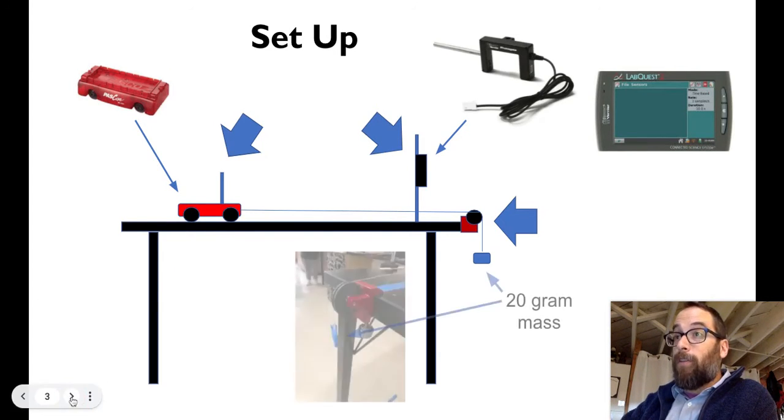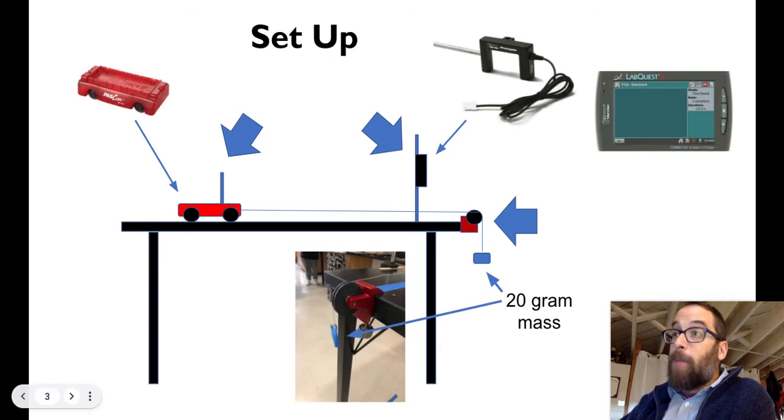What's now different is that the mass on the end of the fishing line is not going to change. Got a 20-gram mass. You can see it in the drawing. You can see it in the actual picture. It is taped to the fishing line. It's going to stay there for the whole experiment. Nothing about it will change. It will generate 0.2 newtons of force on the car and cause it to accelerate.